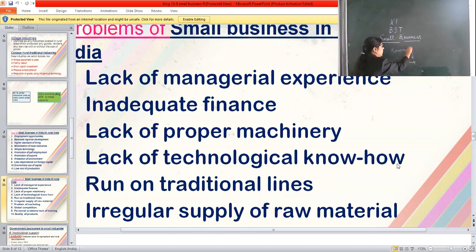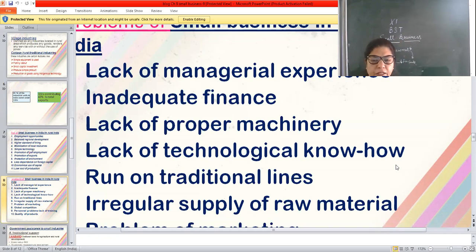If the raw material is less, finished goods will also be less. If finished goods are less, their production will be less. If production is less, supply will be less. Supply will be less, profit will also be less. So ultimately, if the profit is less, they will face the problem of finance again. That's the problem they are facing.